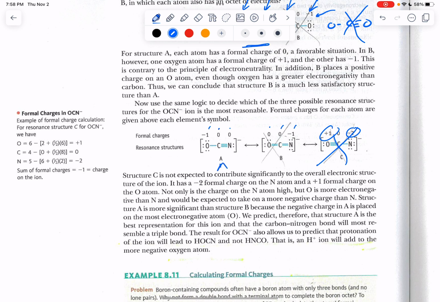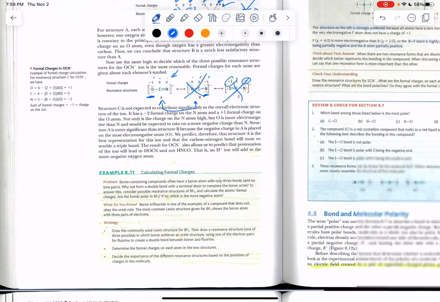Now, adjudicating between this one and this one, again, we would expect the negative charge to be more around the most electronegative element, and oxygen is more electronegative than nitrogen. And so that's why we would go with this structure and get rid of that structure as being the best structure to represent the electron charge distribution about the molecule, or in this case, the polyatomic ion.